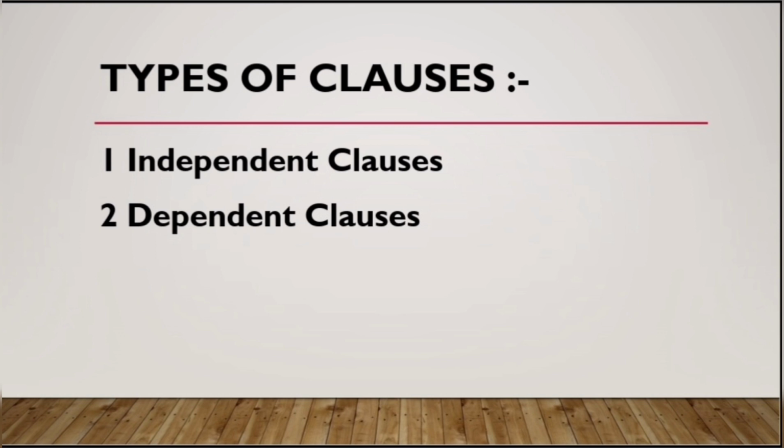An independent clause is also known as a principal clause or a main clause because it stands alone in the sentence, and on the contrary, a dependent clause is dependent on the independent clause to convey its meaning. So there are two types of clauses, independent clauses and dependent clauses.